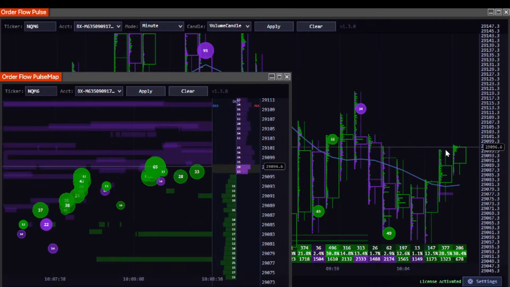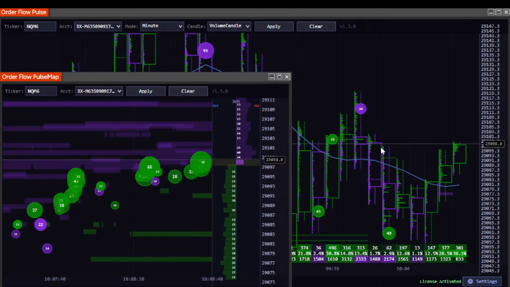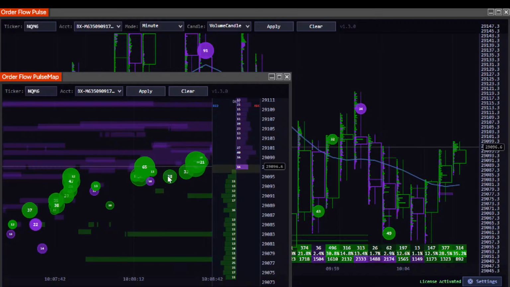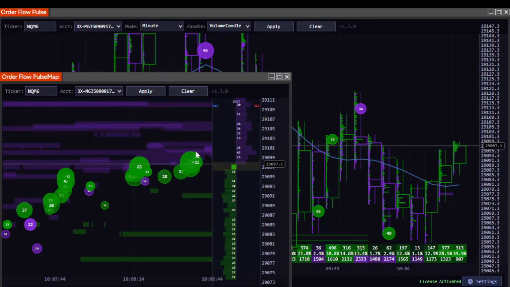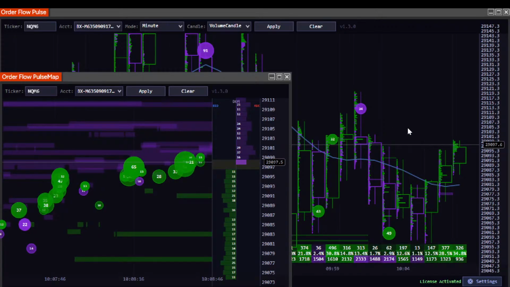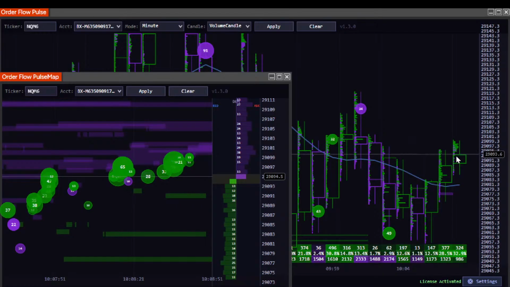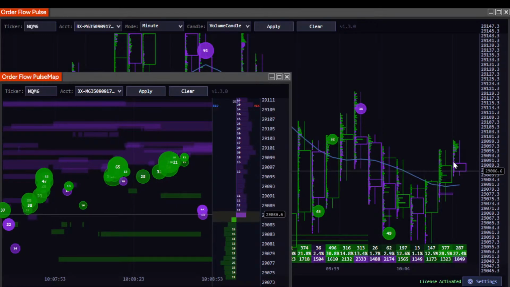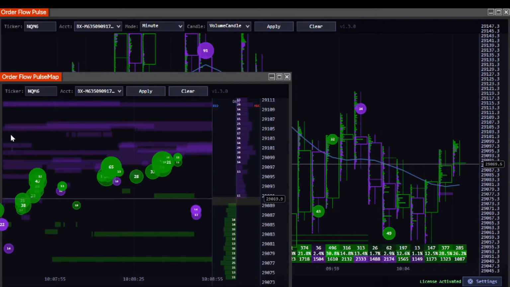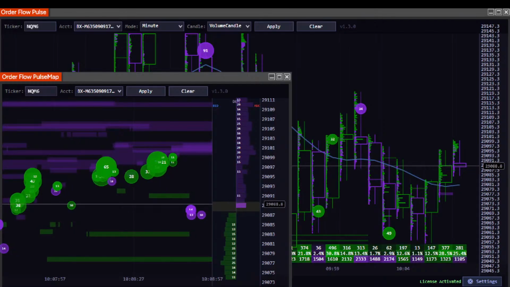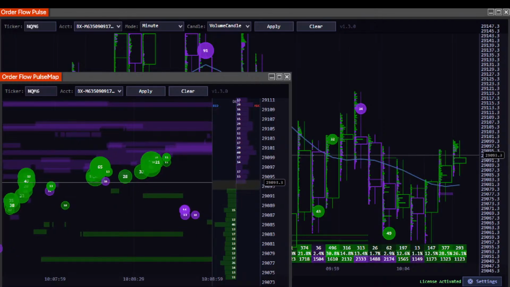That was a little bit of absorption for the sellers. You got some liquidity sitting up in here that's getting filled. See that the buying bar is being filled out right there. If you lose that, kind of like we're doing now, it could come back down.